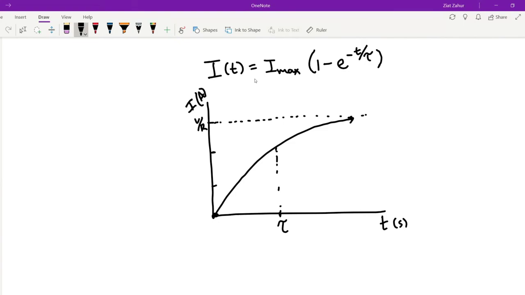Let's just move. Oh, wow. This is not my day. Let's move it slightly over here. There we go. After tau amount of time, we are at 63%, 0.63.